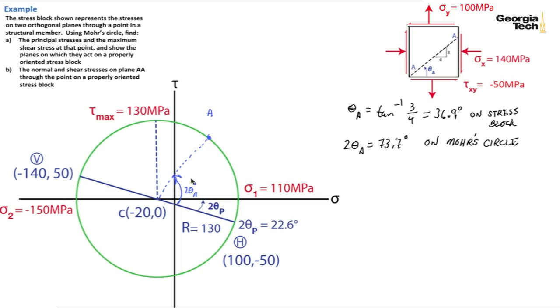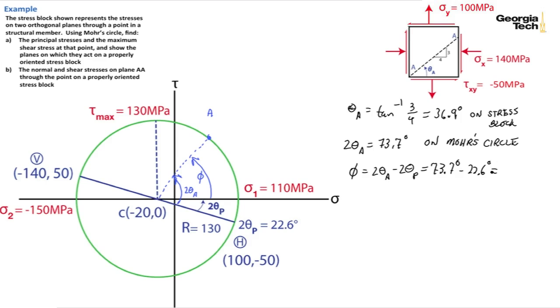And so we now have 2 theta sub A, we have 2 theta sub P. We also, let's look at this angle here, which I'll call phi. And so we have phi, which is equal to 2 theta sub A minus 2 theta sub P, or 73.7 degrees minus, if you recall back from last lesson, 2 theta sub P was 22.6 degrees.